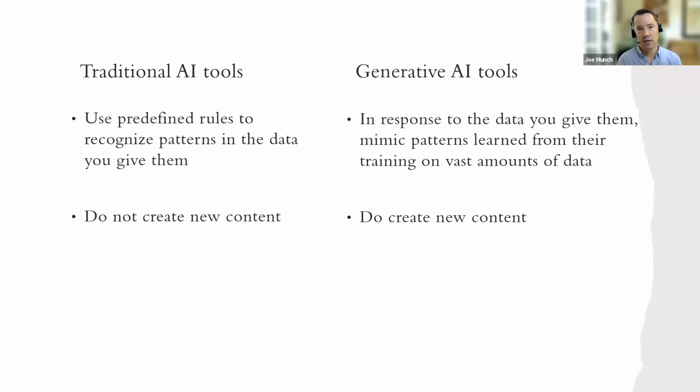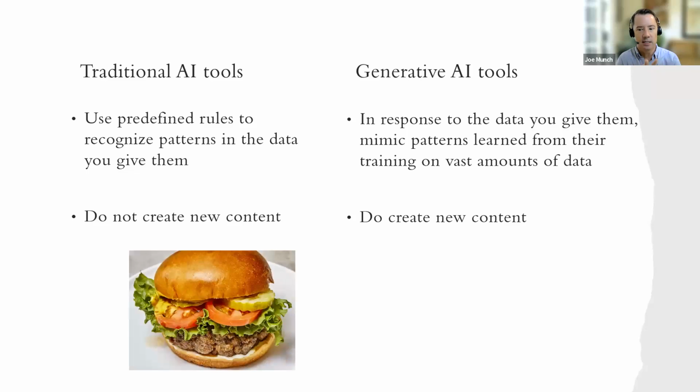They generate new content. And I am by no means an AI expert, and I've been trying so hard to think of how to best describe this if I were having a conversation with somebody, which I am now. But the best analogy that I can come up with, and you already see it there, is that with traditional AI, it's like you're presenting it with a homemade hamburger, something you've made yourself, and you're asking this AI program to tell you if what you've given it is in fact a hamburger.